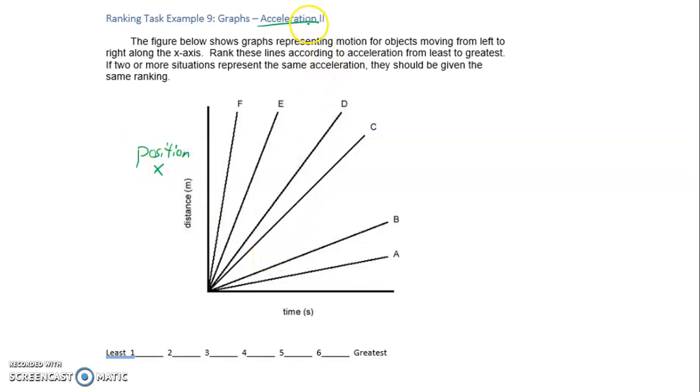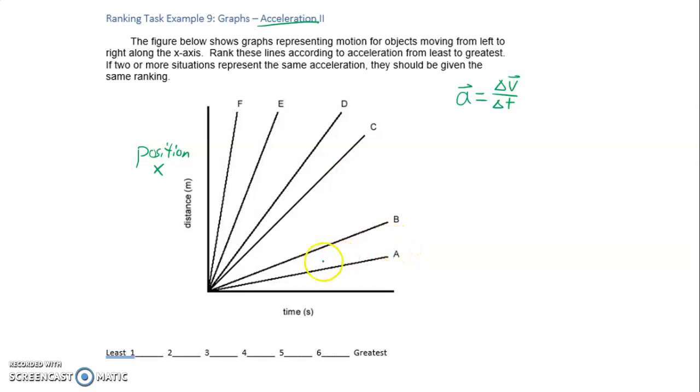So we're asked about acceleration, and we remember that acceleration is equal to delta v over delta t. So it's a little bit more challenging here. We're not given a velocity versus time graph, but we're asked to rank their acceleration.